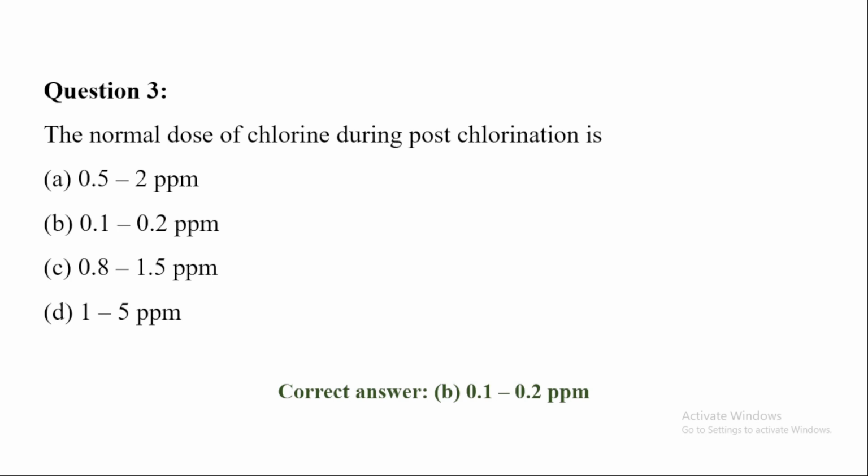I hope there is no doubt between pre-chlorination and post-chlorination. Pre-chlorination means the chlorination is done before filtration of water, and post-chlorination means the chlorination is done after filtration of water. Moving to question number 4.